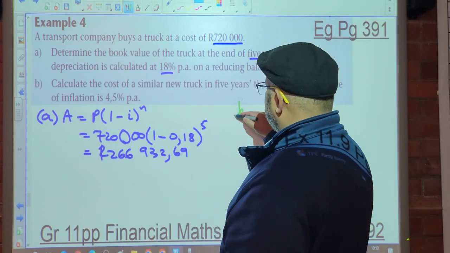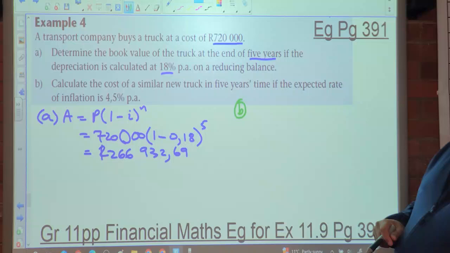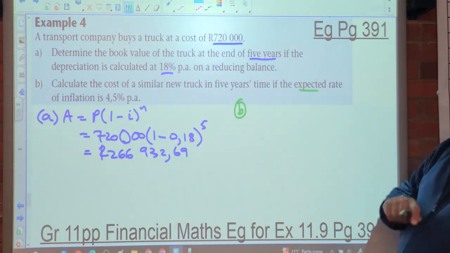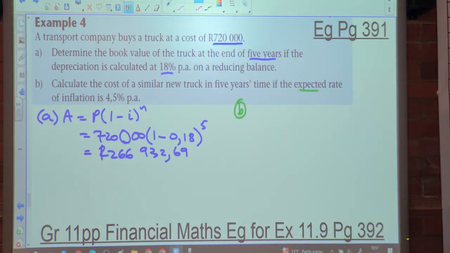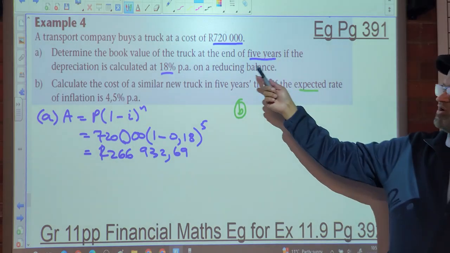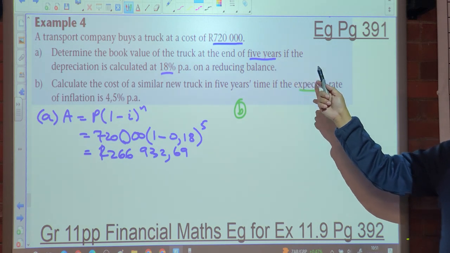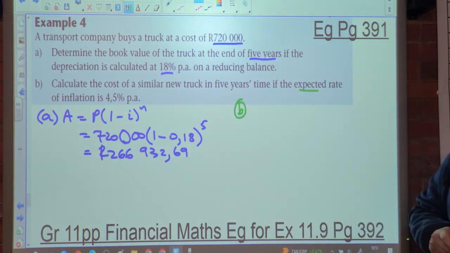B says calculate the cost of a similar truck in 5 years' time if the expected rate of inflation is 4.5% per annum. What does that mean? The cost of the truck will cost more. A similar truck would cost more in 5 years' time.